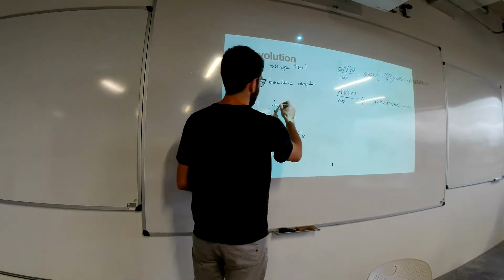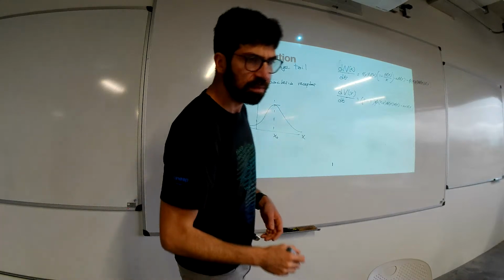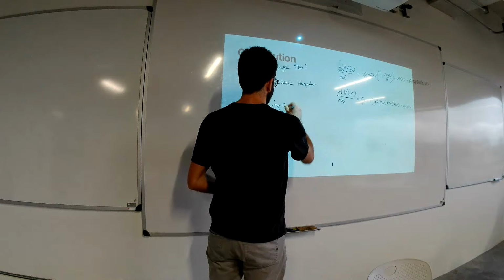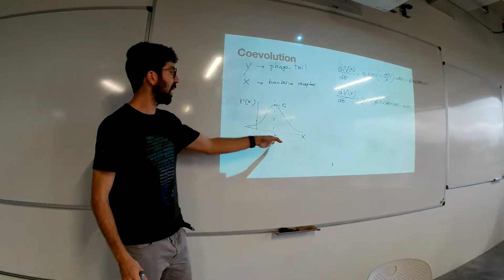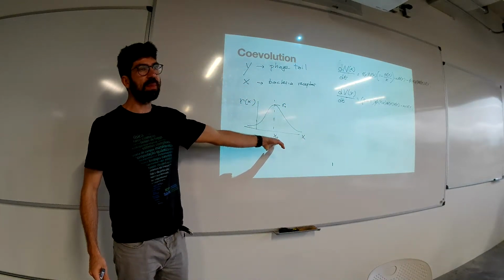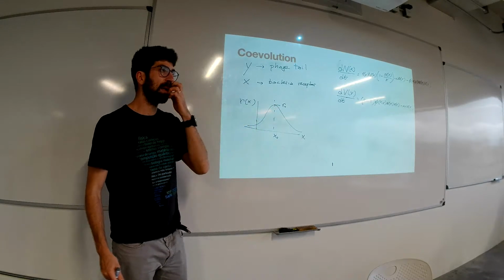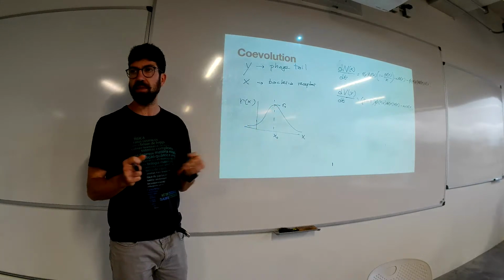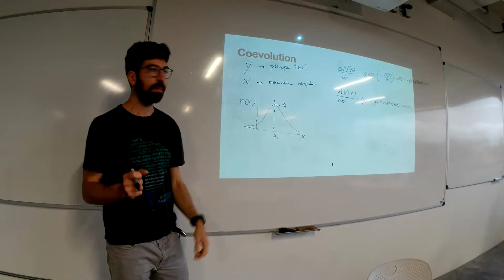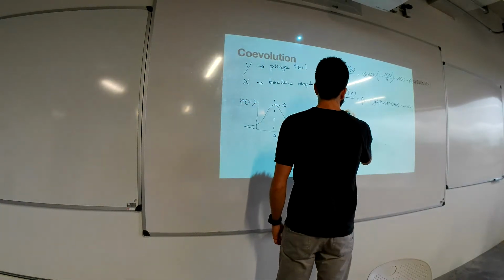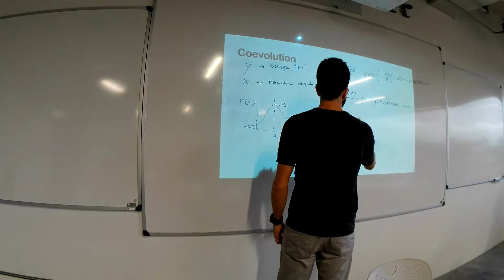And basically there is some R naught. Okay? So if bacteria have exactly that sequence, they grow at the maximum growth rate. If they start to have a different sequence, they do not. Okay? Good.